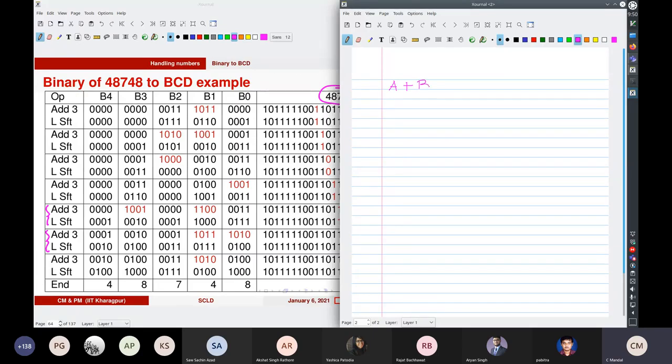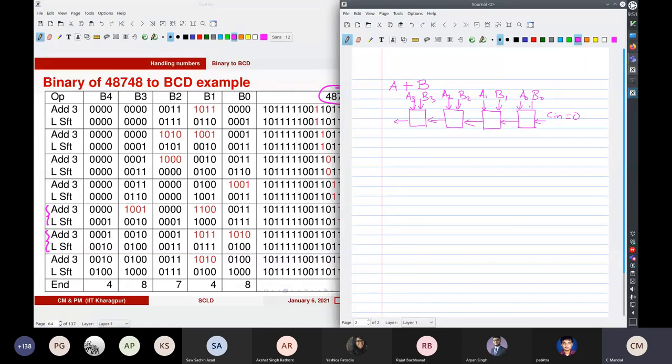In fact, if we just take a simple thing like a ripple carry adder, A plus B, and if we just consider 4 bits, these are all full adders. This is carry in equal to 0, and you have A3, B3, A2, B2, A1, B1, A0, B0.